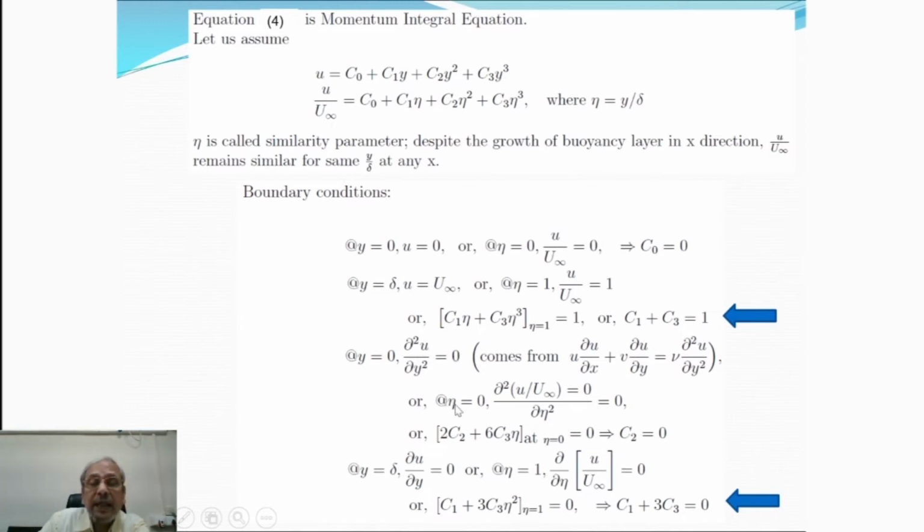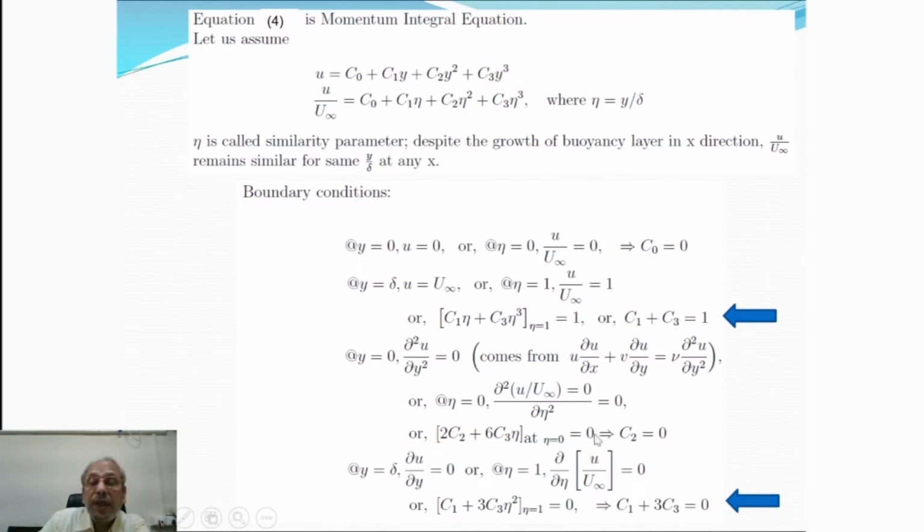That means at eta equal to 0, del 2 by del eta 2 of u by U infinity is 0. If we apply that, we differentiate this twice. So twice C2 plus 6 C3 eta at eta equal to 0 is 0.